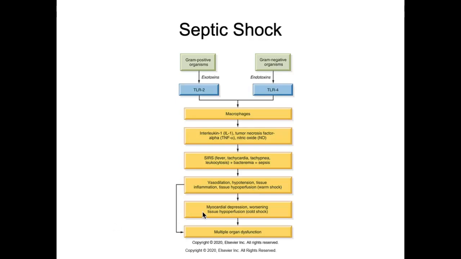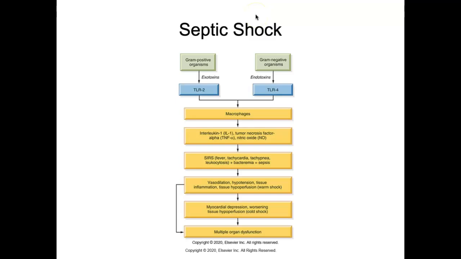As this progresses, we are going to see that there is depressed myocardial contractility because of our complement system and the interleukins that were secreted, and we have worsening tissue hypoperfusion, which is known as cold shock. And notice that this is later in the shock progression and is uncompensated and is coupled with decreased cardiac output.